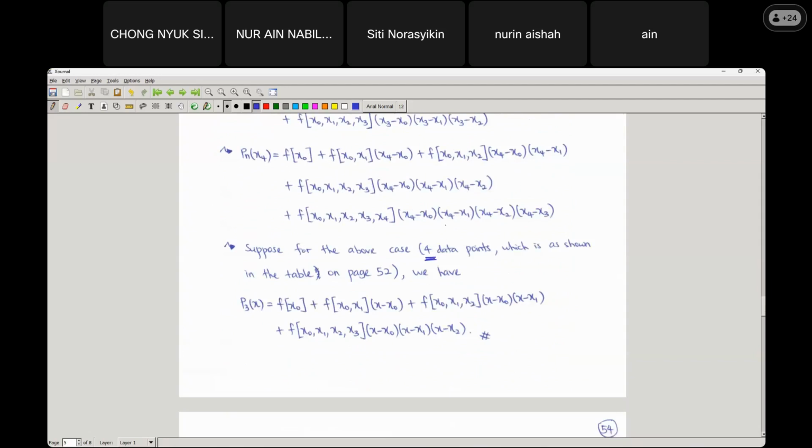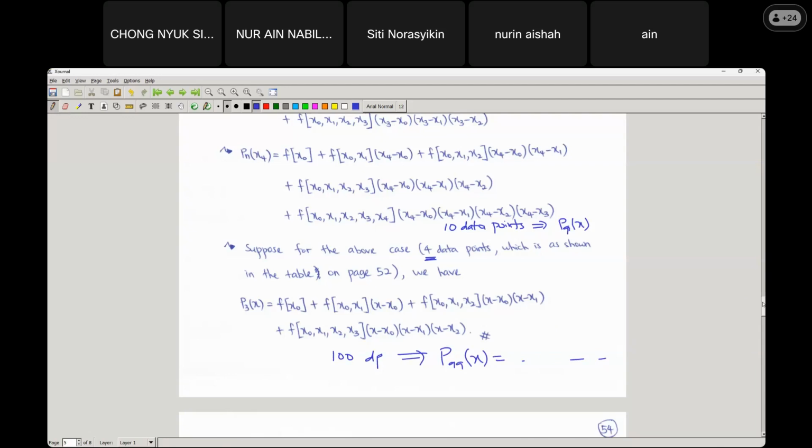If you have 10 data points, you will get P9(x), just one degree less. If you have 100 data points, you will get P99(x) equal to and so on. So this is the concept.